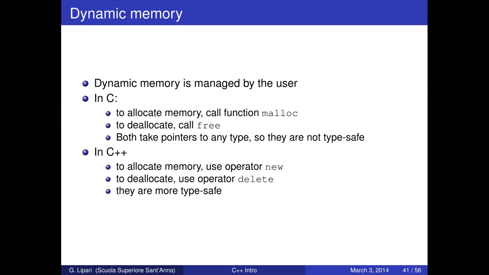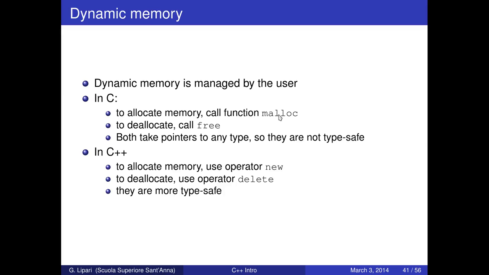So pointers are used for a lot of different things, but very often in C++ they are used for pointing to objects that have been allocated dynamically. For dynamic memory in C, there are two functions from the standard library, malloc and free, that you use for allocating and deallocating memory from the heap. They both work with pointers to any type.